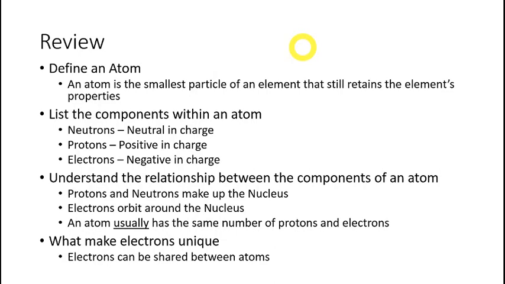So that's kind of a teaser for the next lesson. Electrons can be shared between atoms, and because of that, that makes electricity possible. So look forward to future lessons on how we're going to take this lesson and build upon it to understand electricity. We'll see you then.